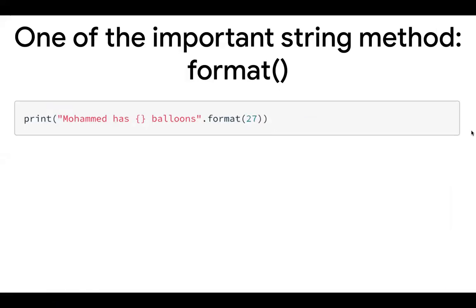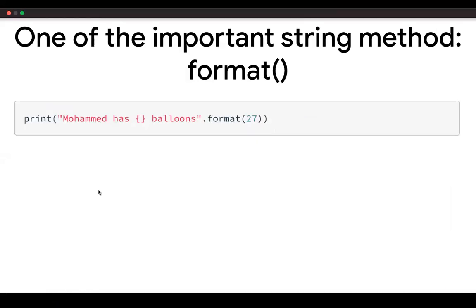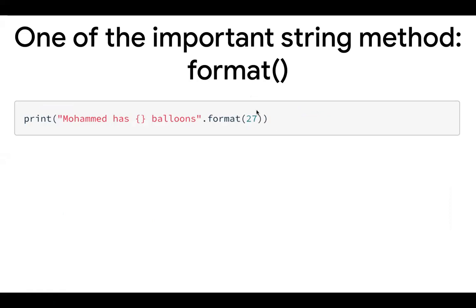Let's go further. Let's do some exercises. No, I want just to explain about the string method format. This is one of the important methods. What it does is that it receives the parameter, for example, the integer here. We say to the method what it should include in the answer.